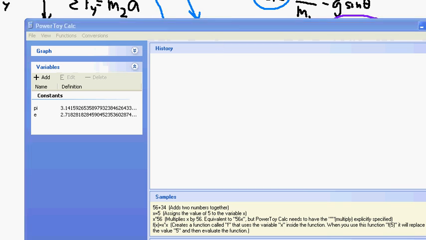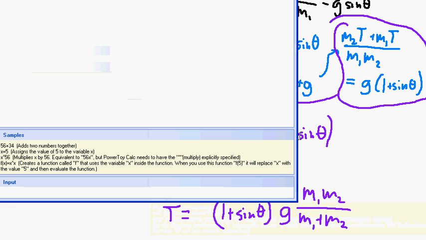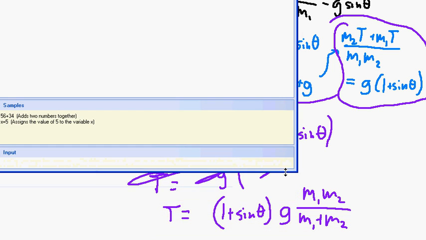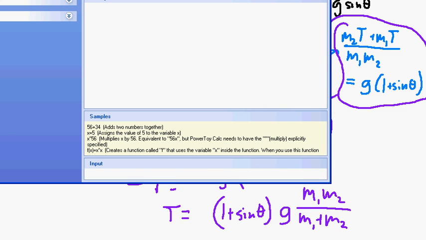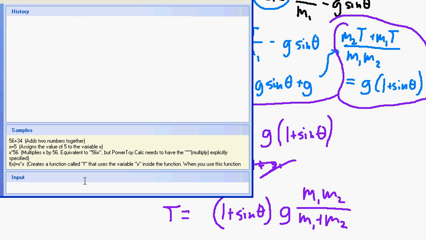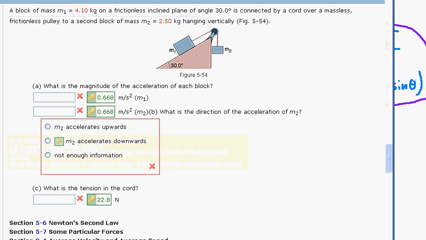So let's get our calculator. Here's our calculator. 1 plus sine theta, so 1 plus sine 30, times 9.8, times, what are these two masses again? 4.1 and 2.5.